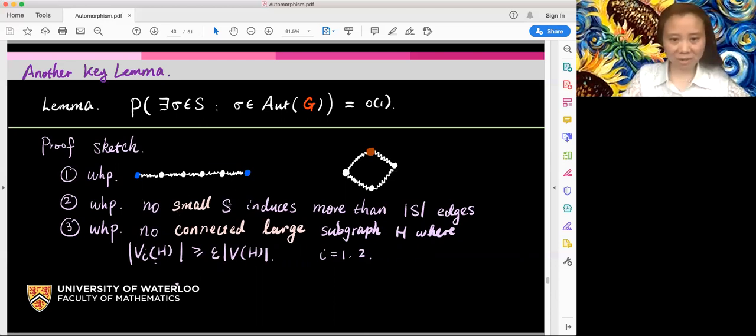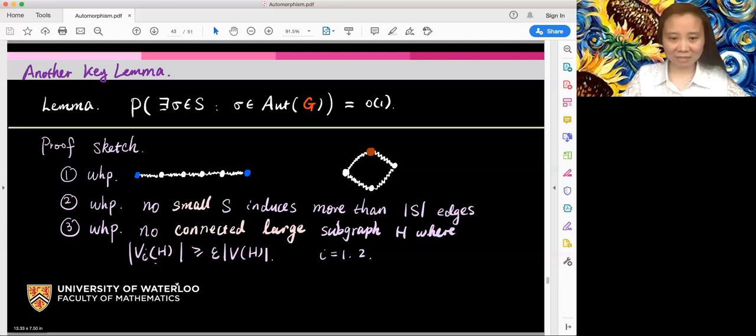And then we show that if you take a small set of vertices S, then they can't induce more edges than the number of vertices. This is somehow quite a standard argument. And then for large subgraphs, if they're connected, then the majority of the vertices must have degree at least 3.